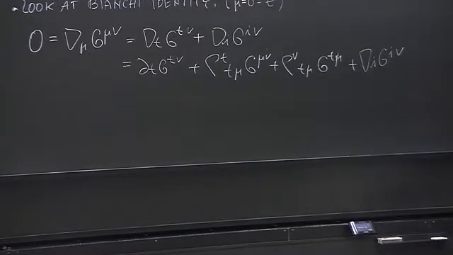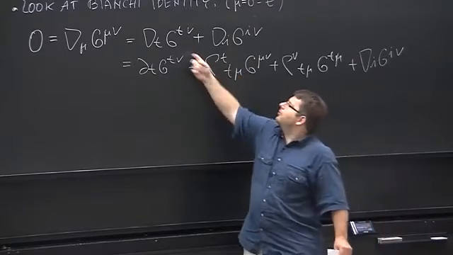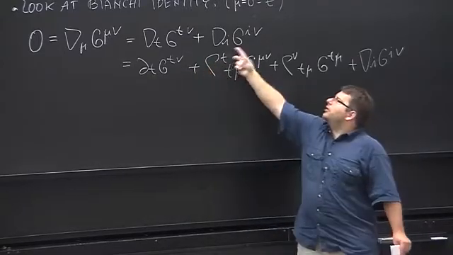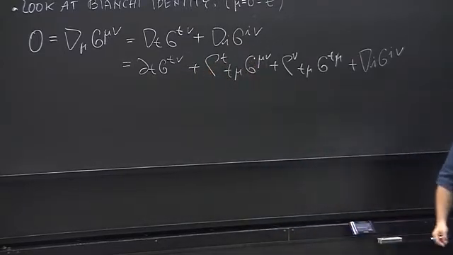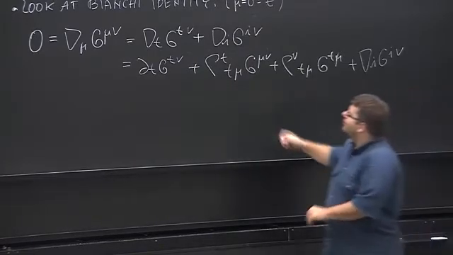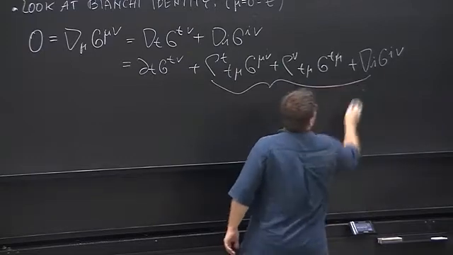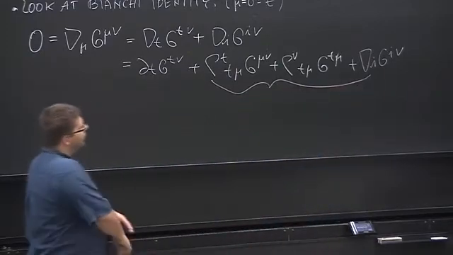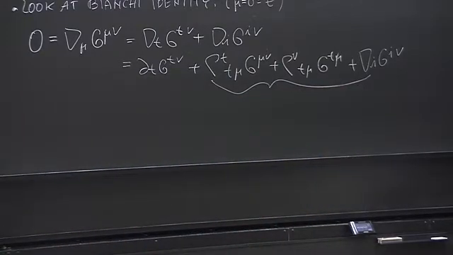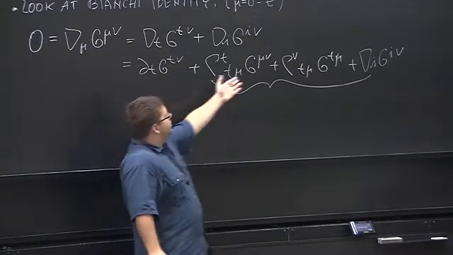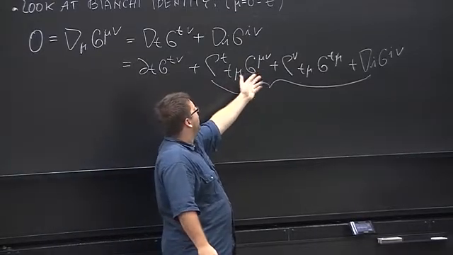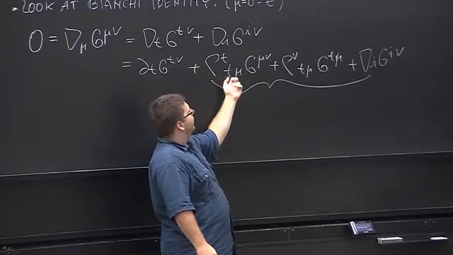All right. I just wrote down this term explicitly in terms of the Christoffel symbols, and this I'm just leaving as it is. So now if you look at these three terms here, and if you look at them carefully, they contain just g mu nu in them, but this guy doesn't have any.